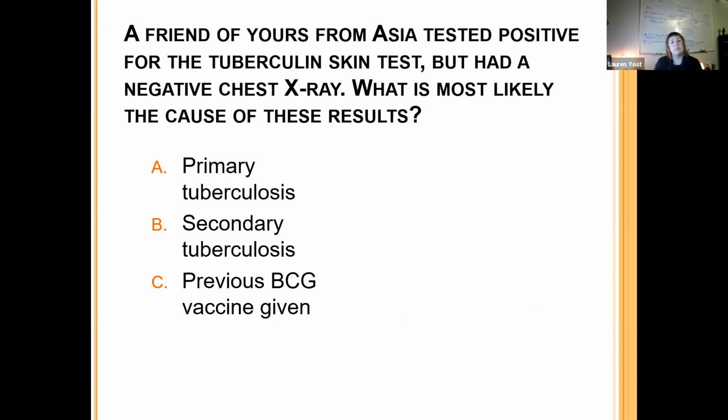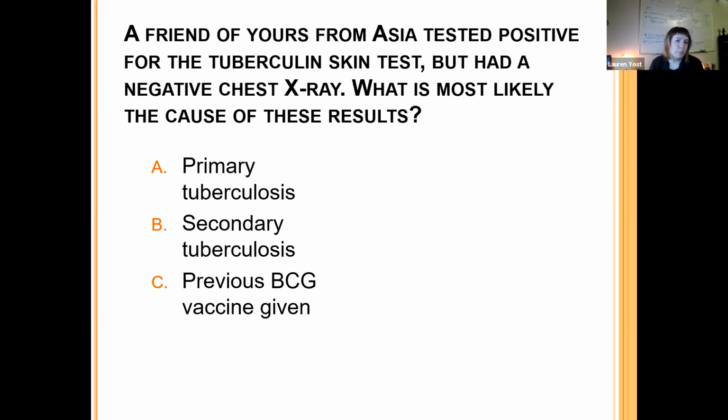A friend of yours from Asia has tested positive for the TB skin test, but has a negative chest x-ray. What is the most likely cause of these results? Well, if you have the development of tubercles in your lungs, which is what is associated with tuberculosis, even in the primary infection, you would see that on a chest x-ray.